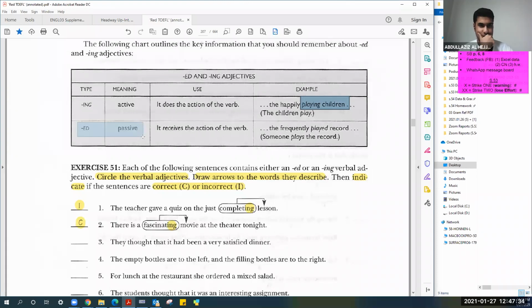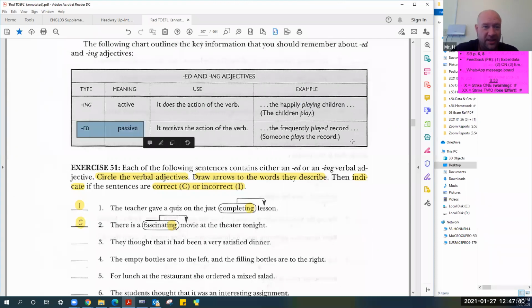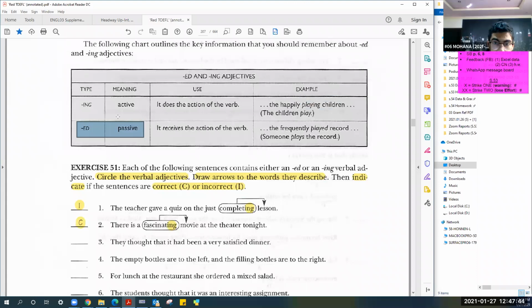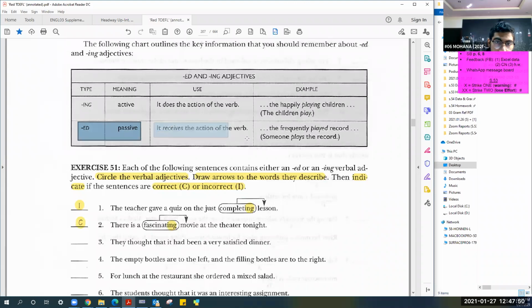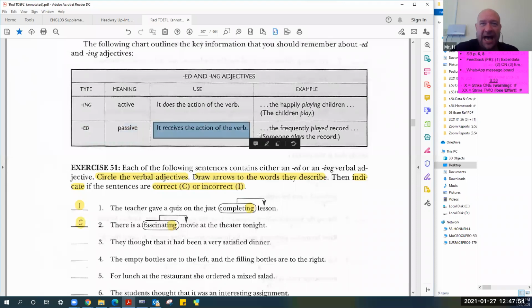ED. And what does it mean? Passive. If it's passive, what does that mean? It receives the action. It receives the action of the verb.